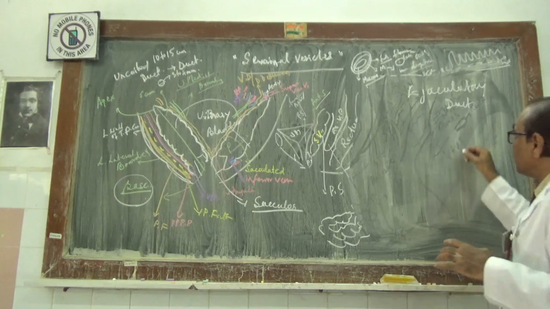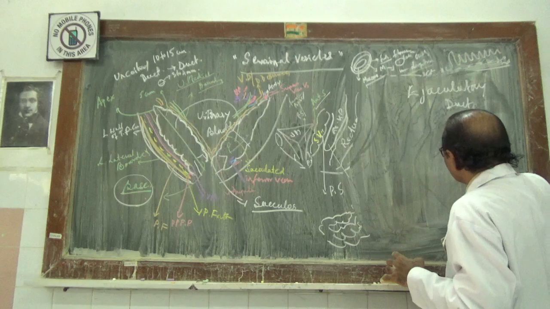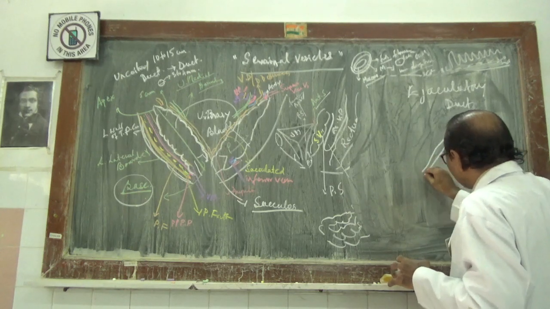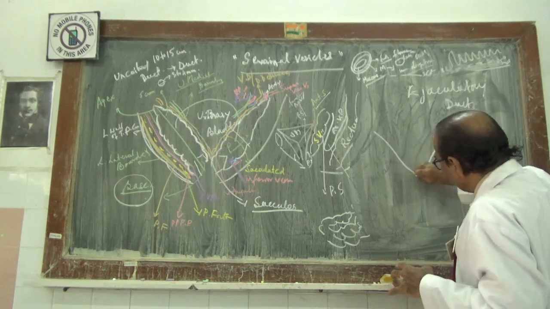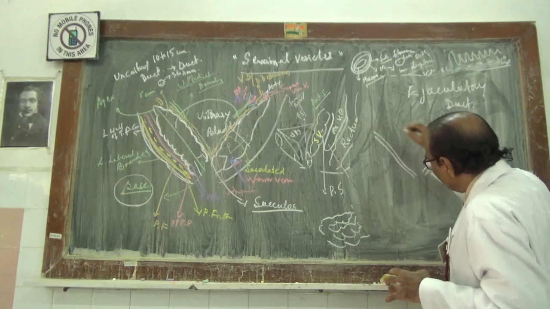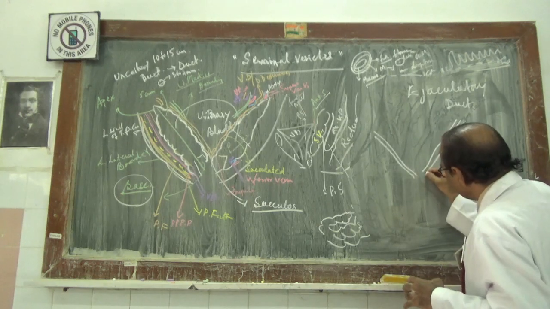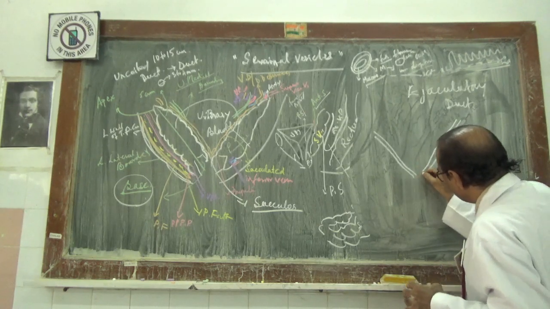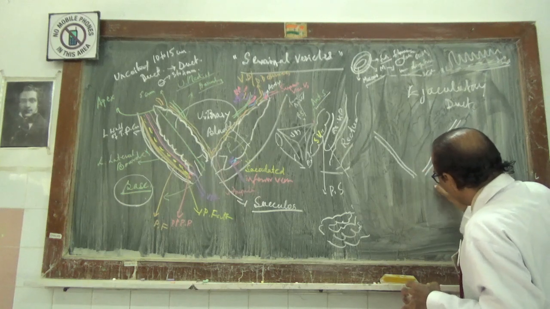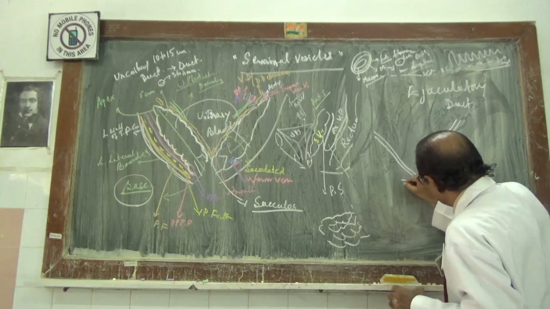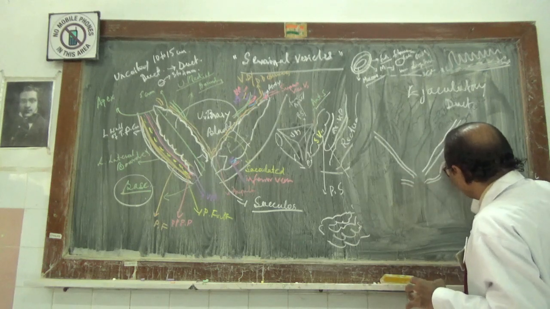The ejaculatory duct is a duct which is formed by the union of the ductus deferens, placed one on either side, with the ducts which are coming from the seminal vesicle.